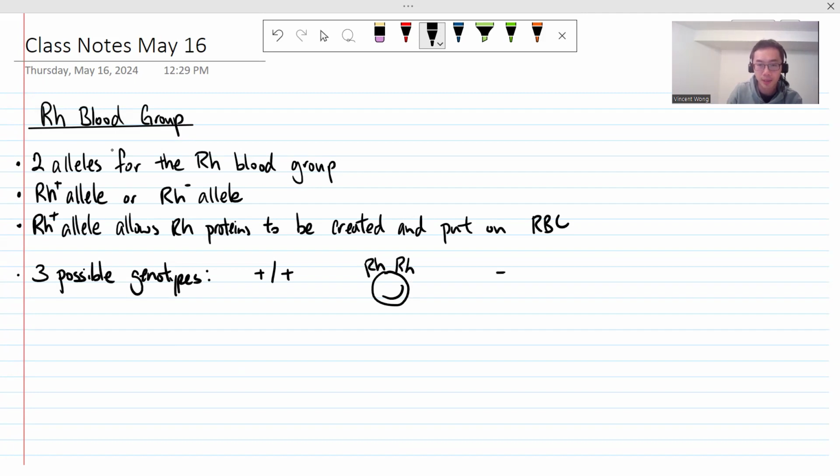This is called positive blood. Leave some space here, and then we're going to do the third case first. Negative. That means the person has 2 copies of the RH negative alleles. They cannot make the RH protein. No RH protein on the surface. Negative.